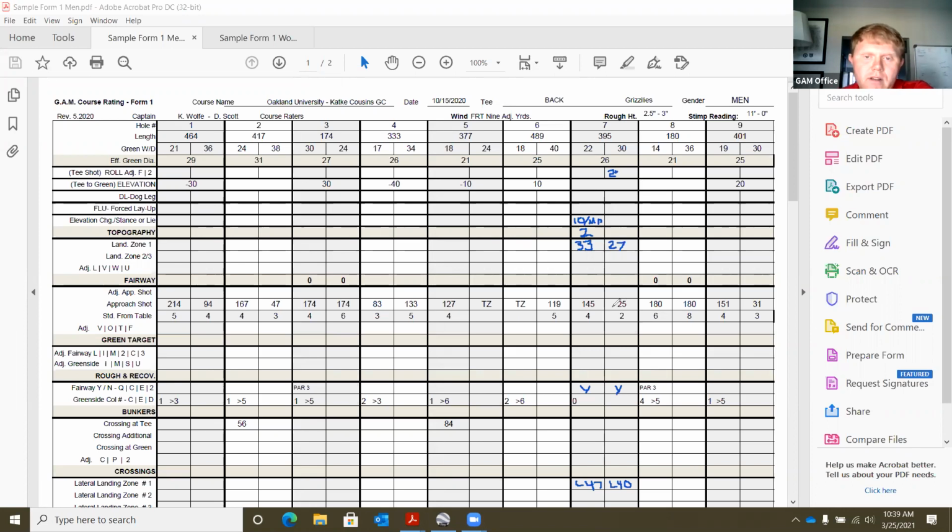And then that's going to result in us having to definitely increase this approach shot length.